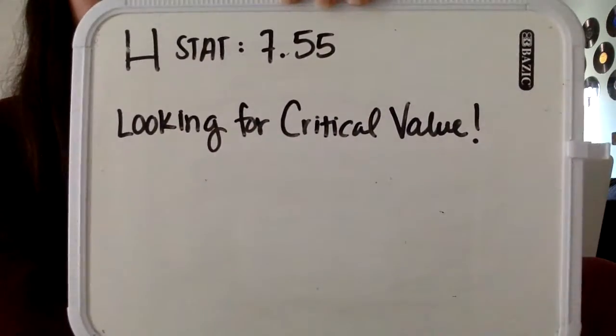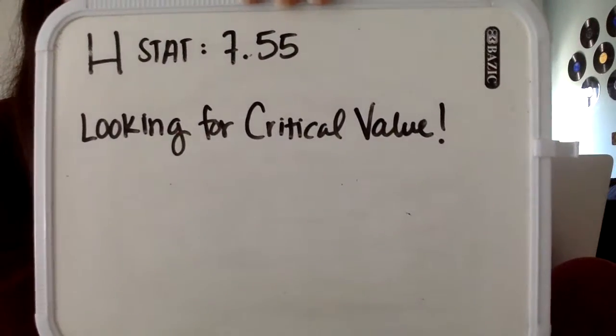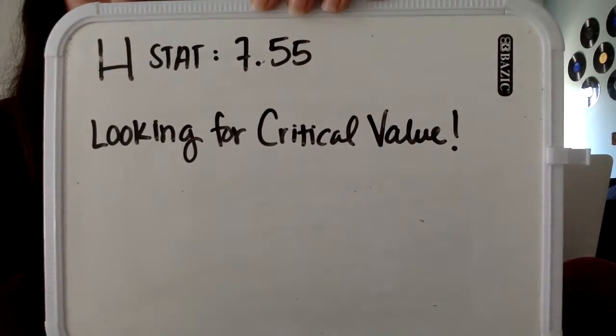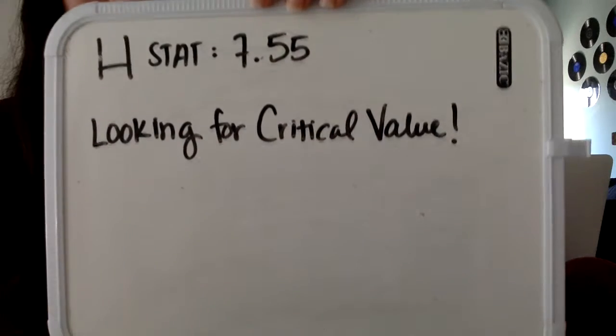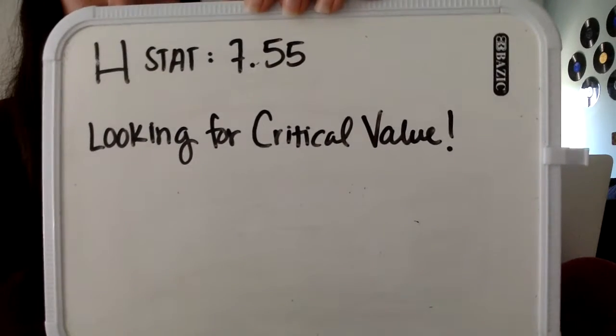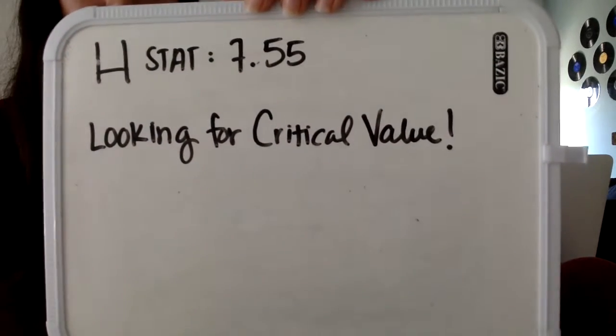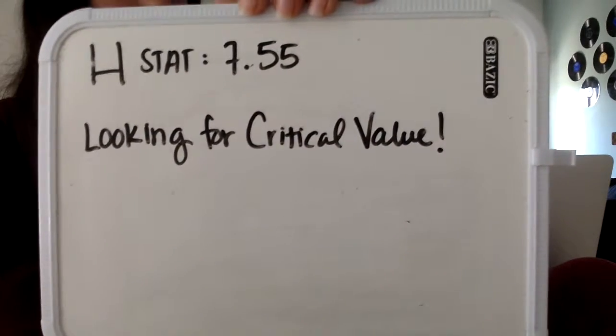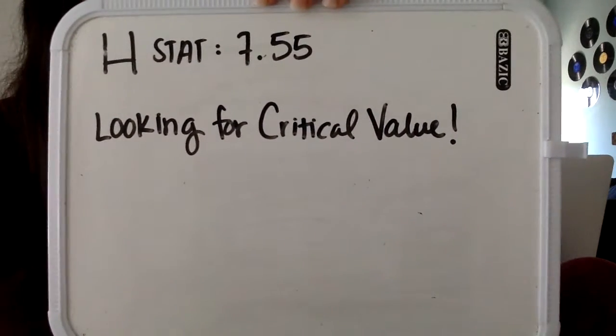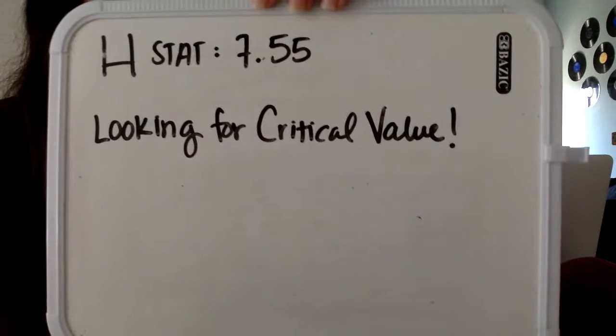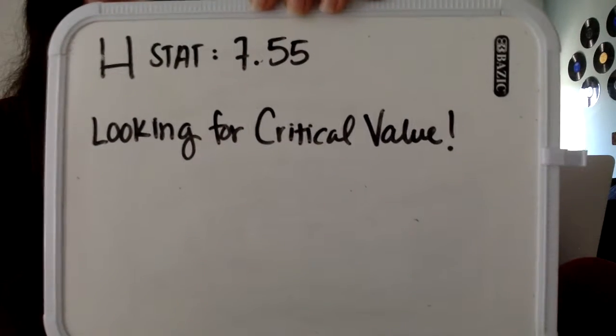So now it comes to the part where we're going to look for our critical value. And how we find the critical value is that we're going to go on our chi-square distribution table, and we're going to find the degrees of freedom. Now, the degrees of freedom for the Kruskal-Wallis is k minus 1. So how many groups did we have? We had 4 groups, minus 1, which is 3.